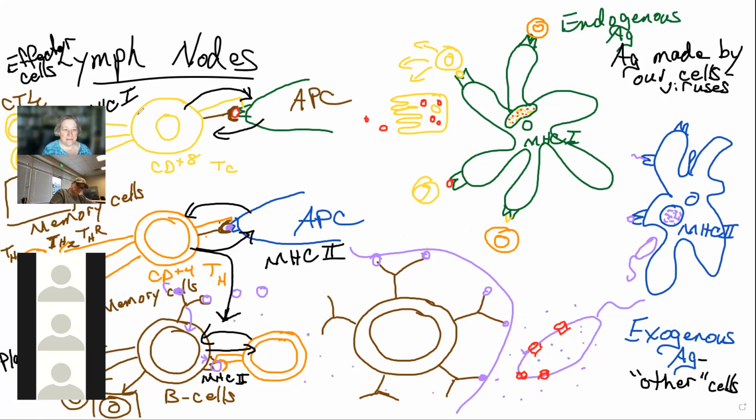whereas these guys being more cellular-based, because these guys, your T cells, cannot see an antigen unless it's presented to them on an MHC. MHC2 for helper T cells, MHC1 for CD8s, cytotoxic T cells. So these guys have to talk to a cell.